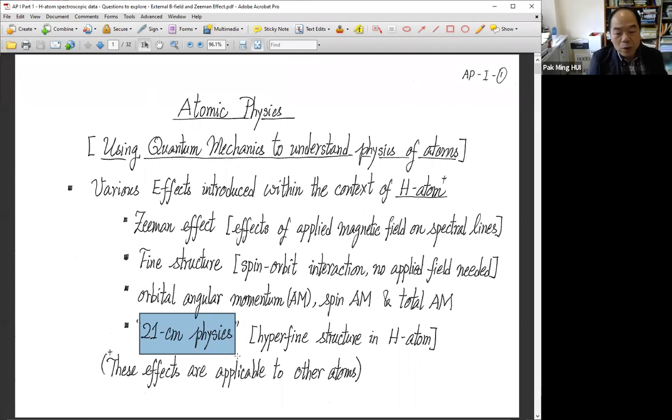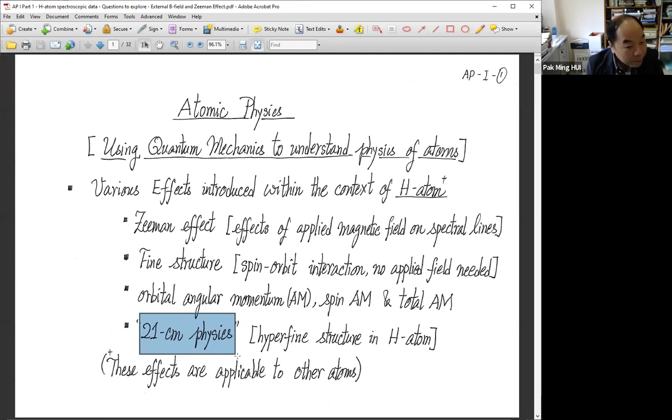All this discussion will be done in the background of the hydrogen atom, because we have some knowledge of it. But the discussion is general in the sense that we could include spin-orbit interaction into the lithium atom, into carbon, into silicon, into all the other atoms.